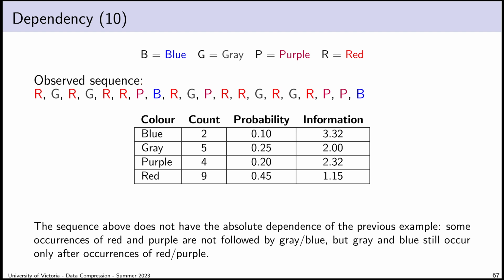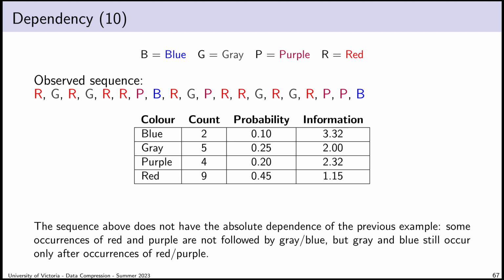And I should be even more clear and say, even if there are some blues living by themselves, if a lot of blues occur after purples, an unreasonable number, that could still mean there's a dependence, just not a dependence that's universal. So dependencies can exist in lots of ways, and in fact, it can apply in ways that aren't necessarily obvious. So we can even observe in some cases dependencies like this.